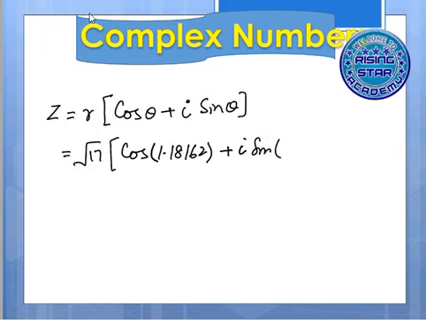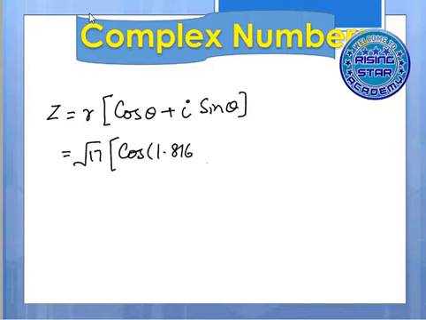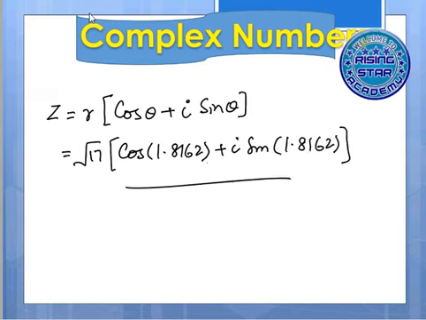Let me write it again. So the cos 1.8162 plus iota sine 1.8162. So this is my final answer. Now we'll move to the next.